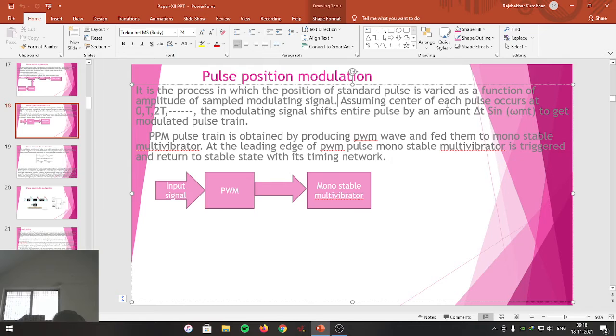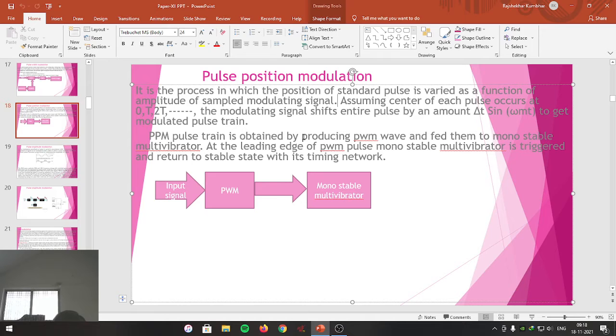Assuming the center of each pulse occurs at 0, T, 2T, these are the time intervals of the samples. The modulating signal shifts the entire pulse by an amount delta t sine of omega m t. This is the shift with which the position of the pulse changes, and that's why we get the train of modulated pulses.